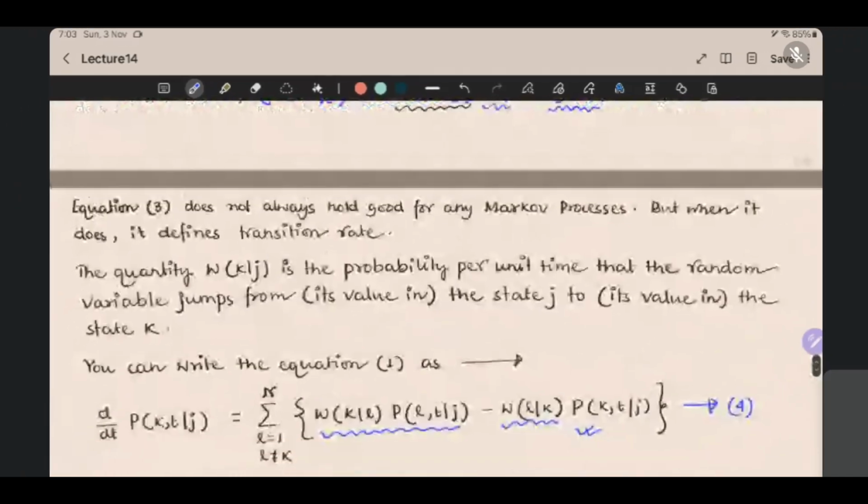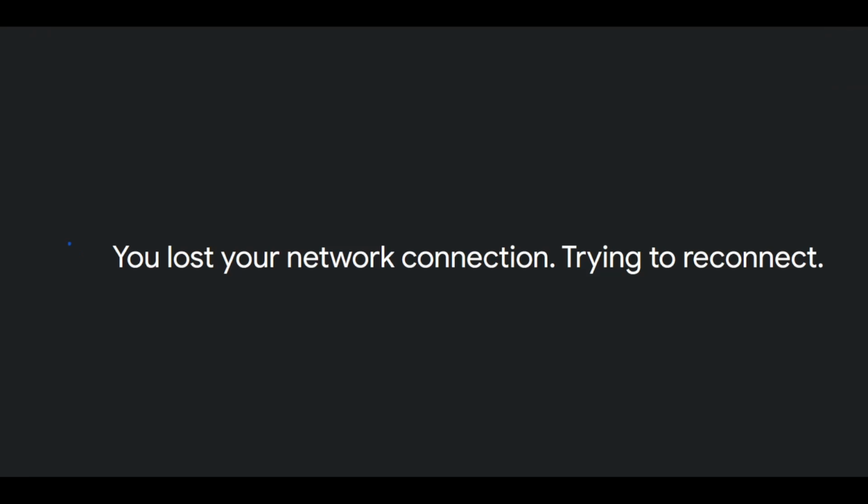Then we can write this term: the sum over l of Wkl Pl minus Wlk Pk is equal to 0, where k runs from 1 to n.